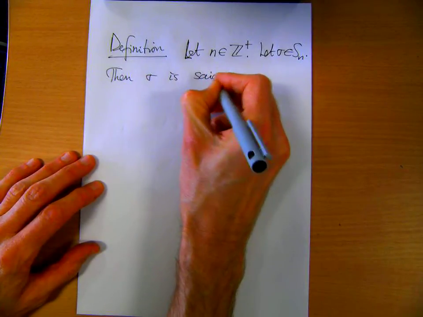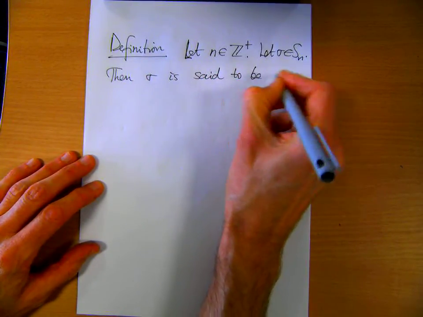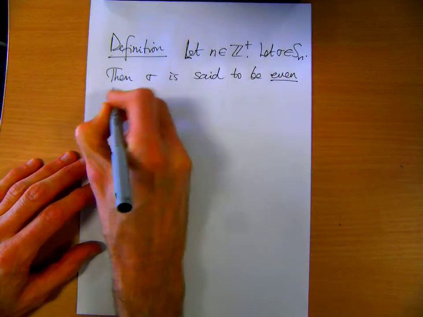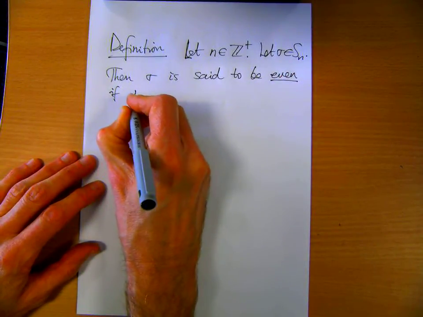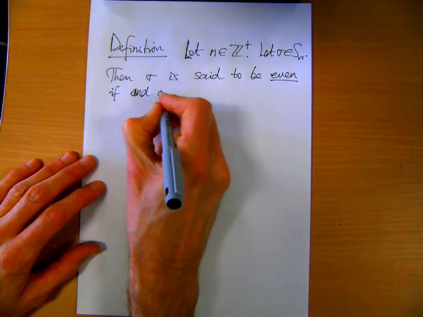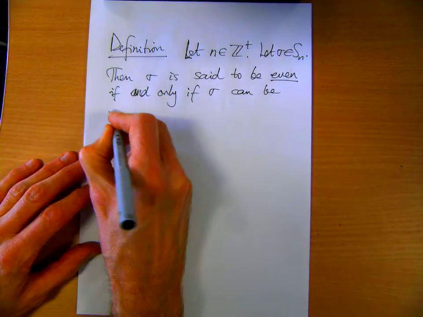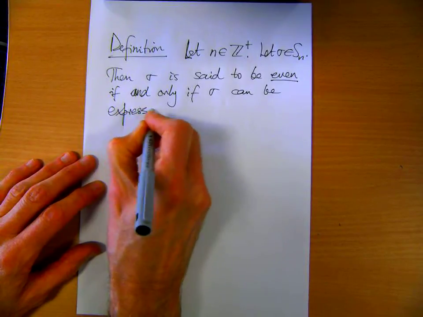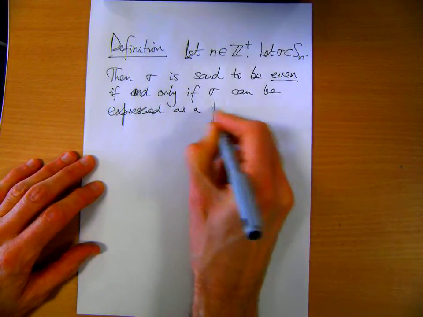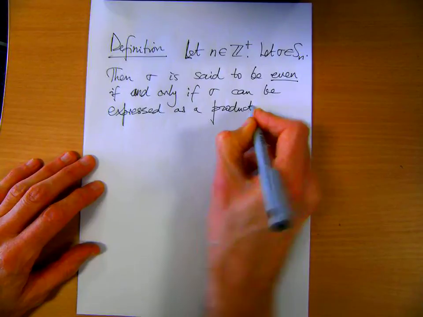So the permutation sigma is said to be even if and only if sigma can be expressed as a product of an even number of transpositions.